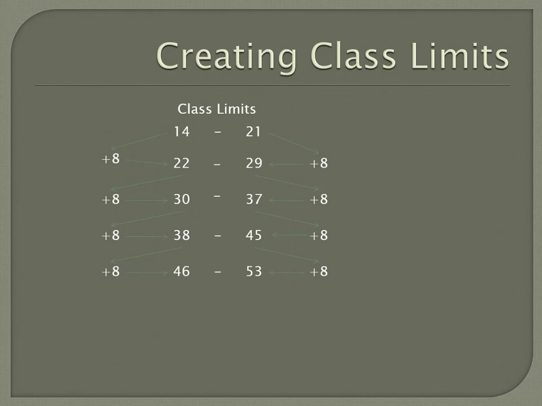So in this situation, we're counting starting with 0. So 14 is the 0th value in the class range from 14 to 21. And if you count all of the values, 14, 15, 16, 17, 18, 19, 20, and 21, there's exactly 8 of those. So it just depends on where you start your counting.